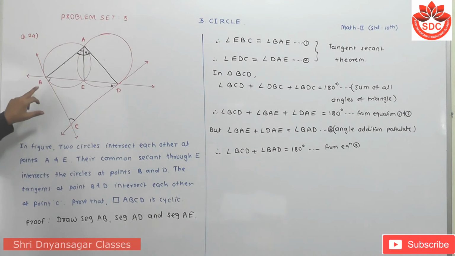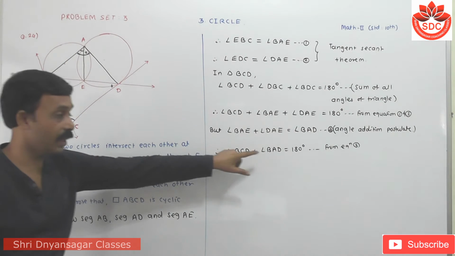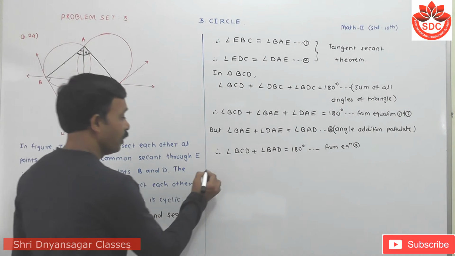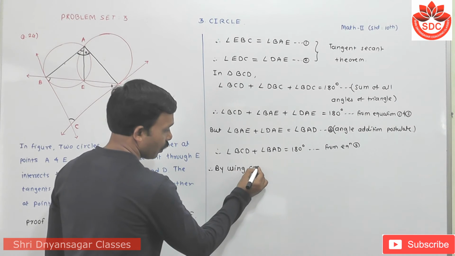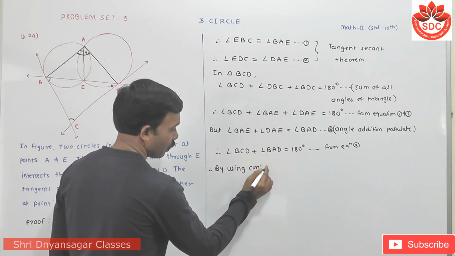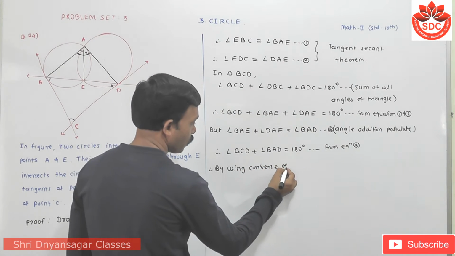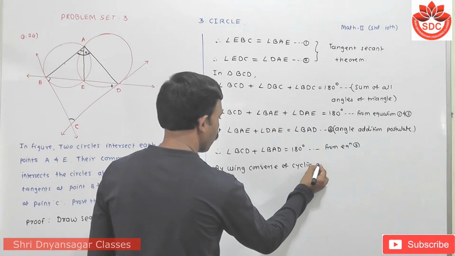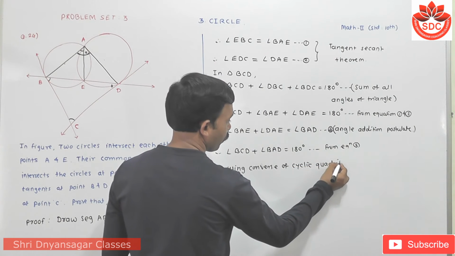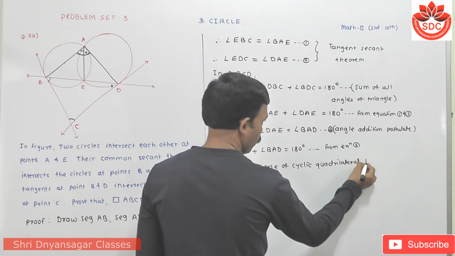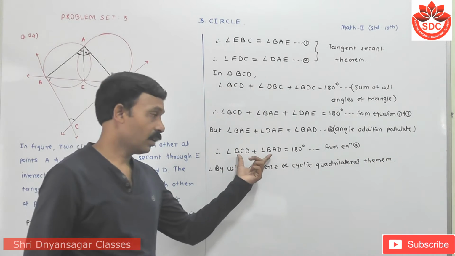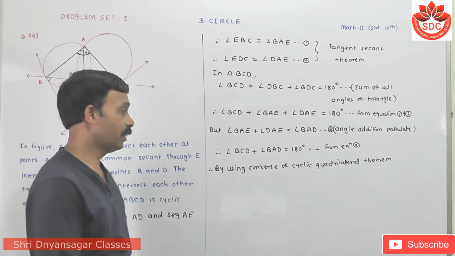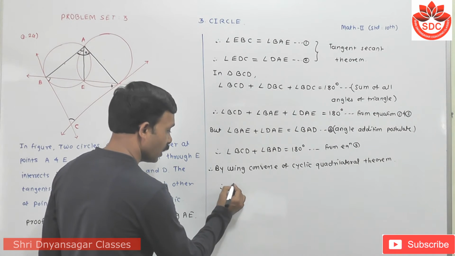But when we look at this quadrilateral ABCD, these are opposite angles, means that opposite angles are supplementary. So therefore by using the converse of the cyclic quadrilateral theorem, this converse says if the opposite angles are supplementary, then the quadrilateral is cyclic.